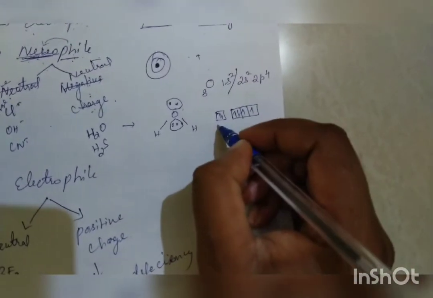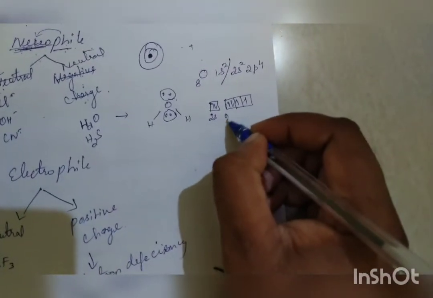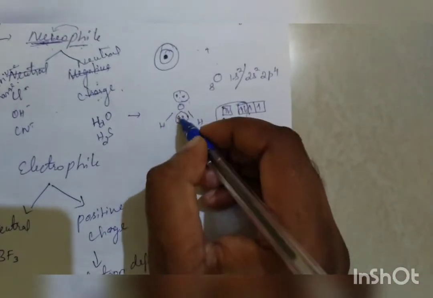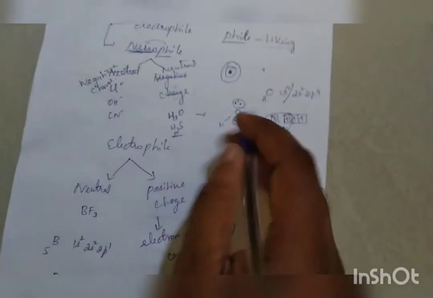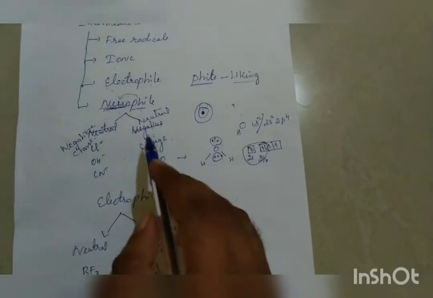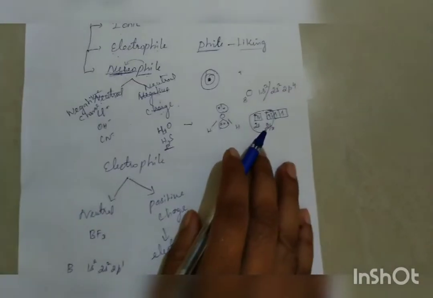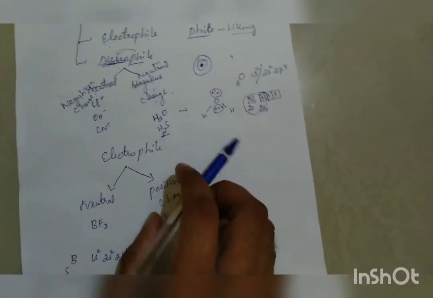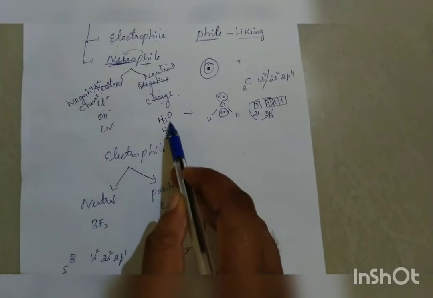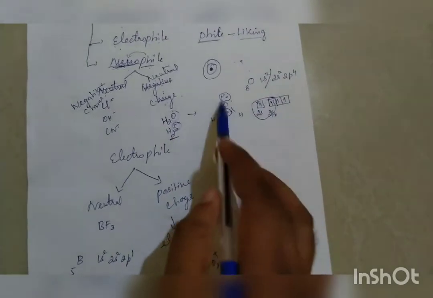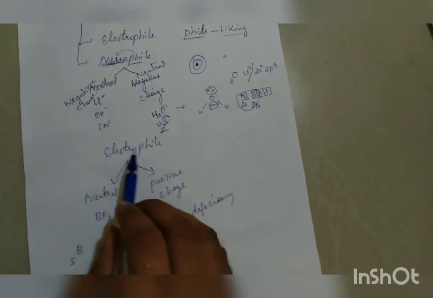These 2s and 2p orbitals hold lone pairs. Then H2S is also a neutral nucleophile. These are electron rich species, oxygen and sulfur, because of the lone pairs.